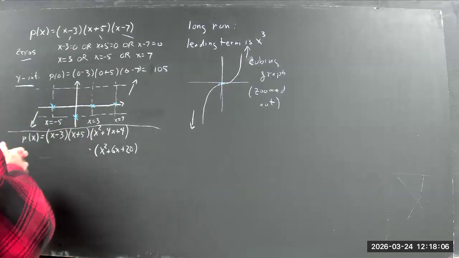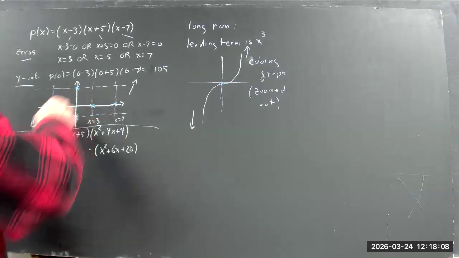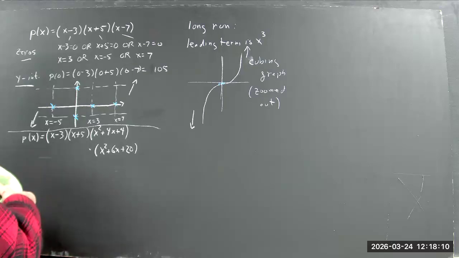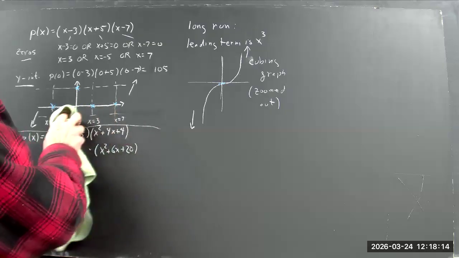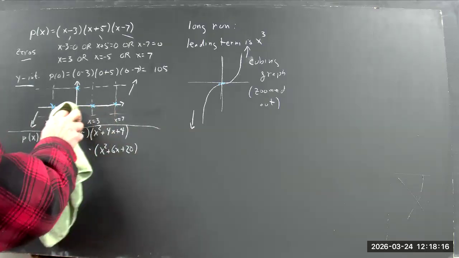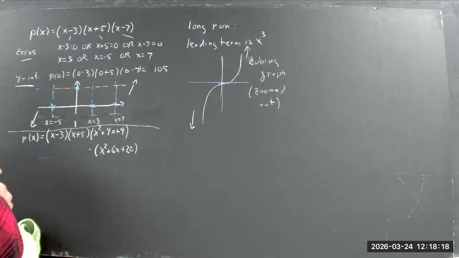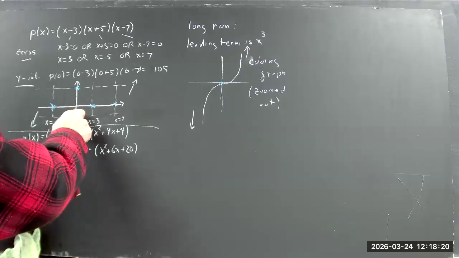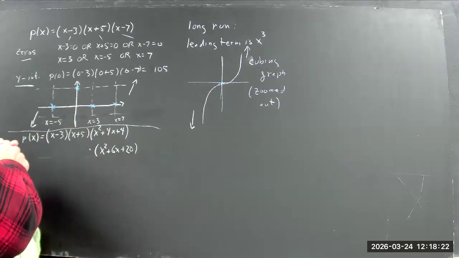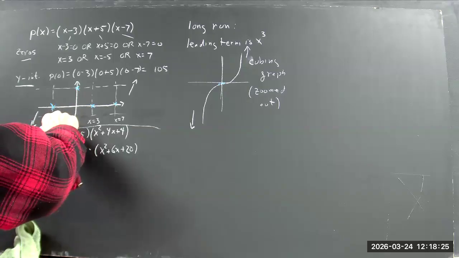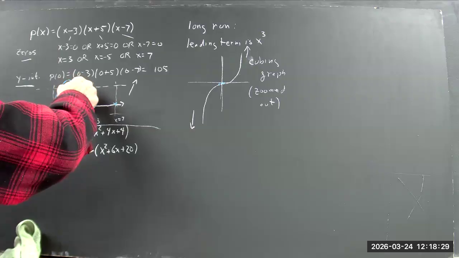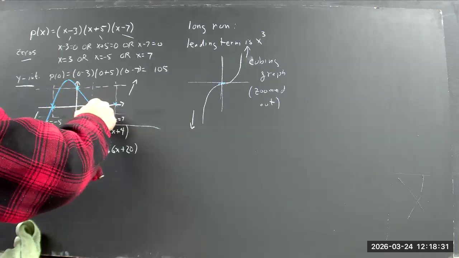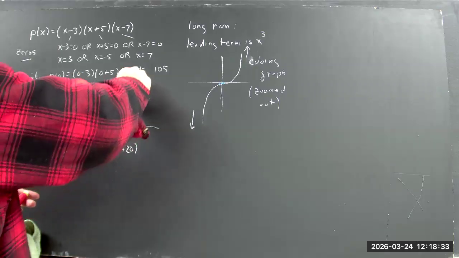So, quick modification here. We'll get rid of most of that line. Get rid of that point. Now we see, we come up from down here, go on up. We probably go a little past there.